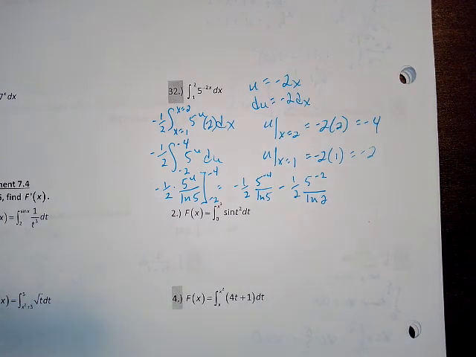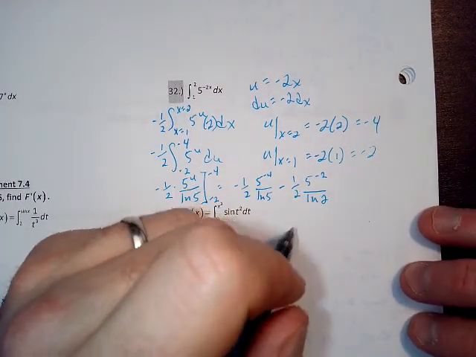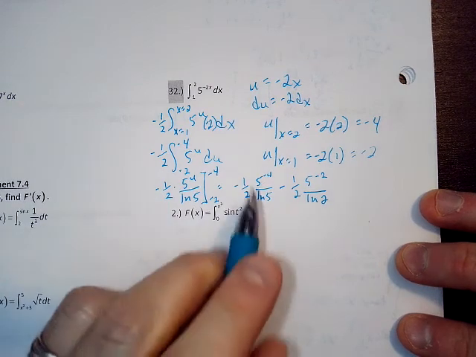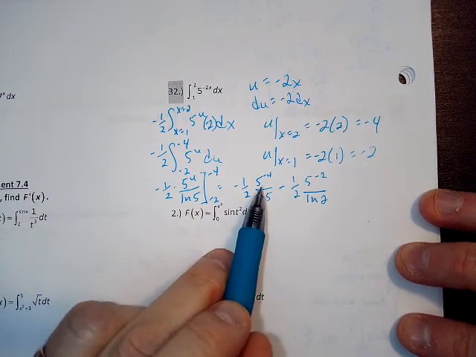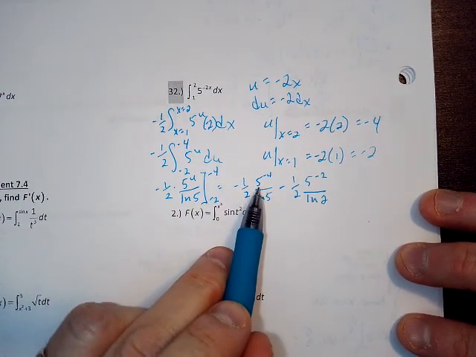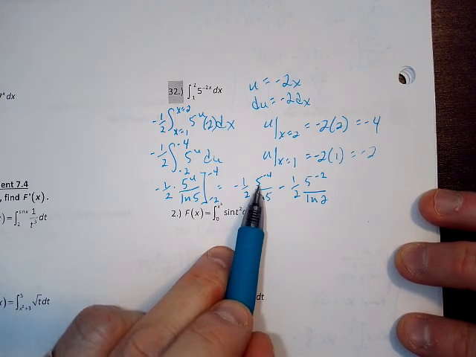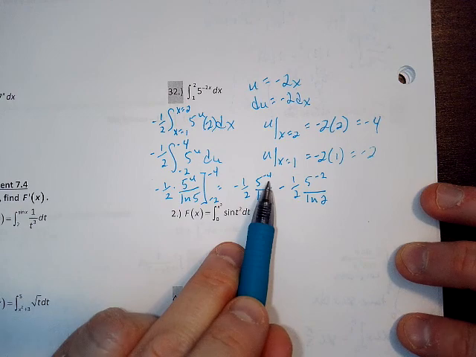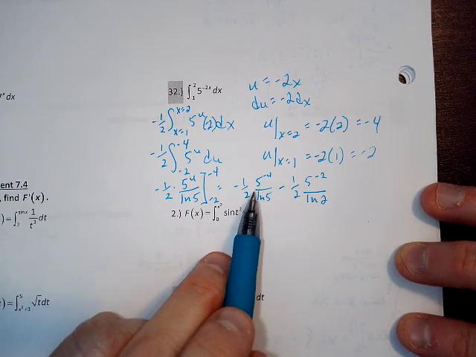All right, so here I've got negative 1/2, 5 to the negative 4th. That would be 5 times 5 times 5 times 5, right? So 5 times 5 is 25, times another 5 is 125, times another 5 is 625.